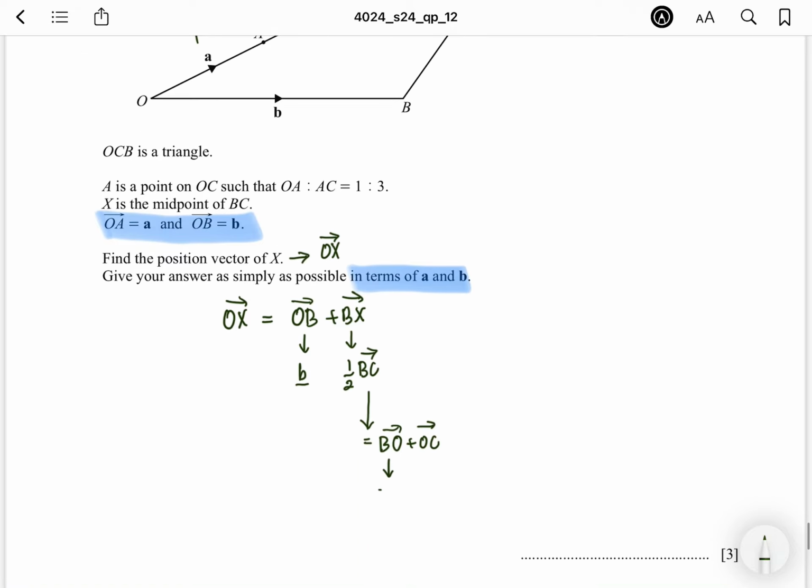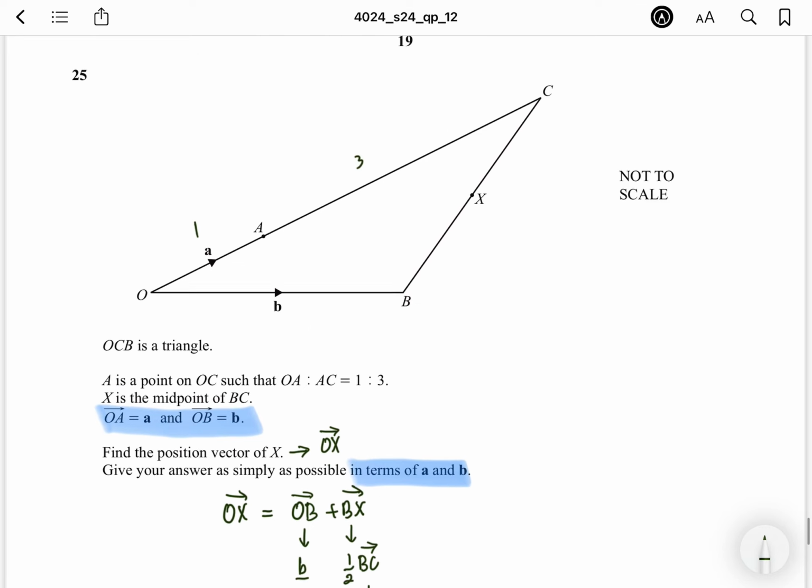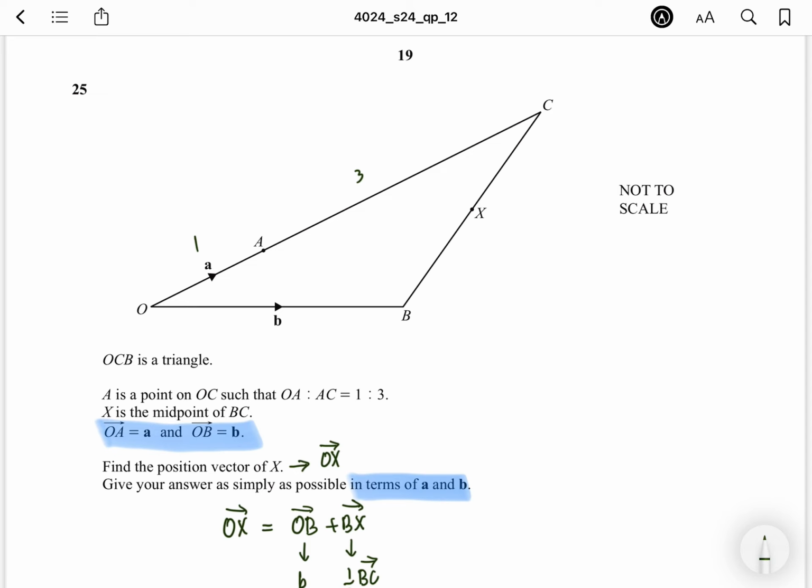So this one is negative B. OC uses proportion. If OA is A and the proportion of OA to AC is 1:3, then OC is 1 plus 3, which is 4A.